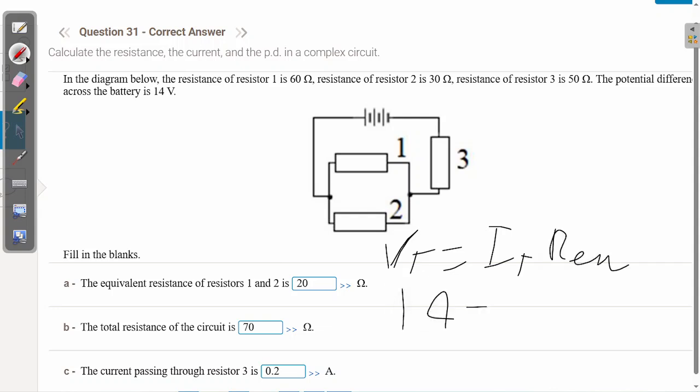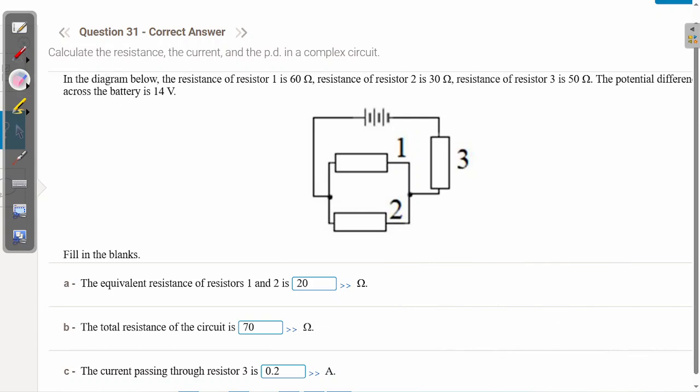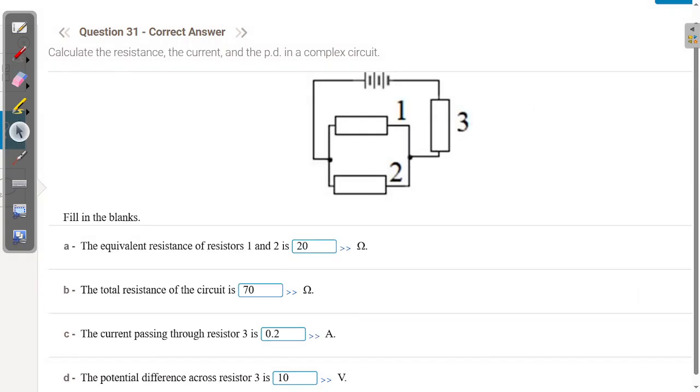So 14 equals I times 70, my bad. So I is 14 over 70, 0.2 amperes, which is equal to the current in 3.